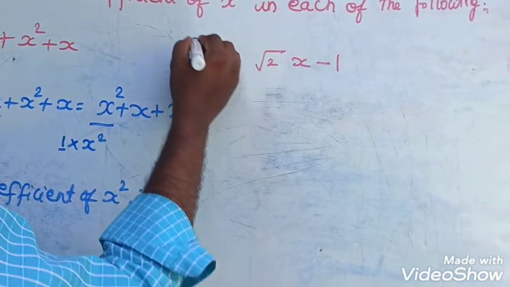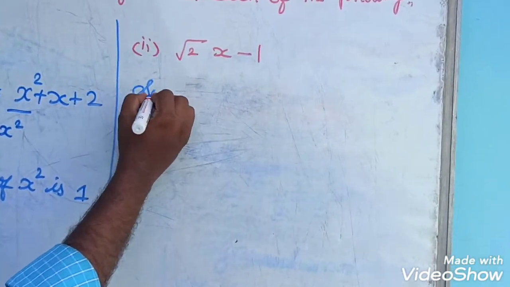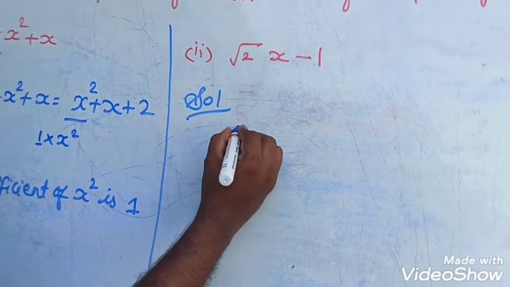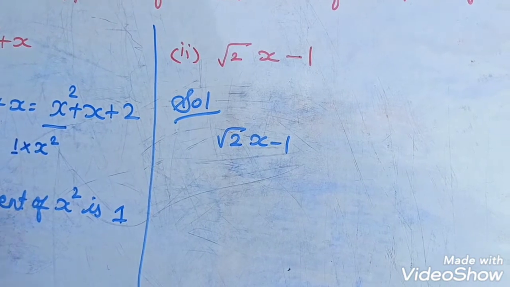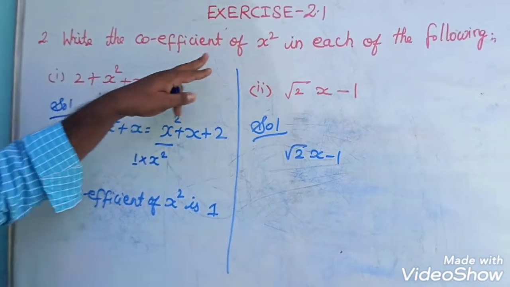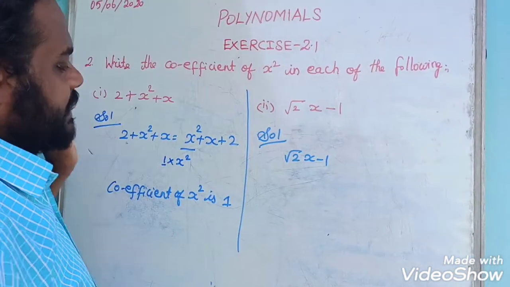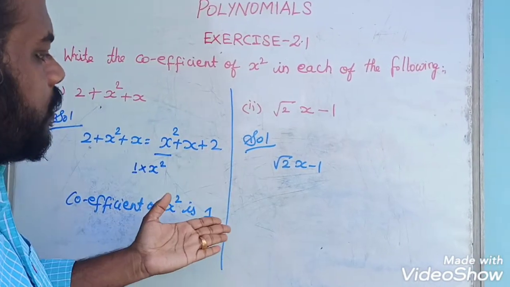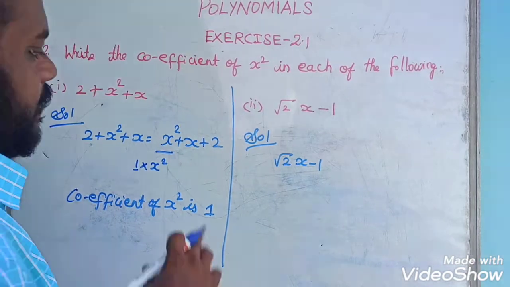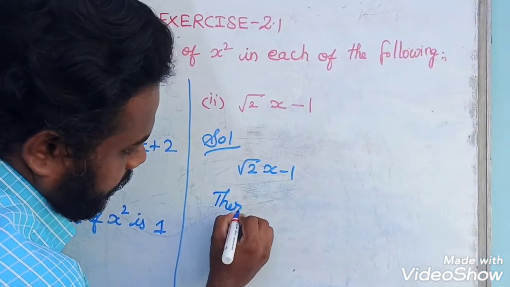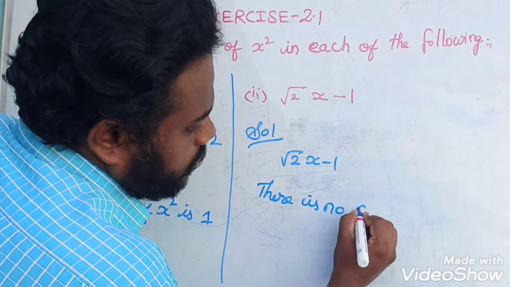Simple. Now we move on to question number 2. Here root 2x minus 1. We have to find the coefficient of the term x square. Here there is no term with x square, so simply we write there is no coefficient.